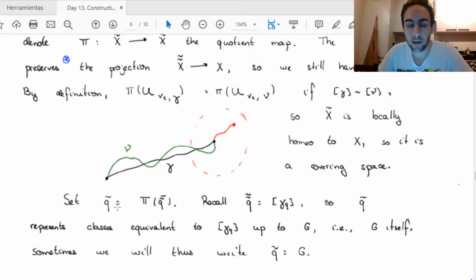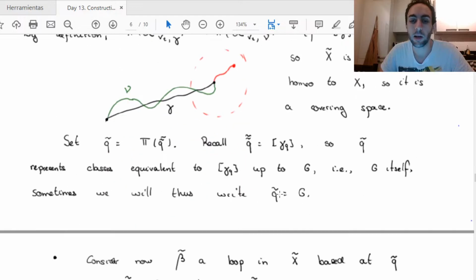So Q tilde represents all the loops that are equivalent to the constant loop. So it represents all the elements in G. And for this reason, quite often, when I write the favorite base point in X tilde, I will just write G for it, because it represents all the classes of loops that are in G at once, because all of them have been quotiented out to be the same element.